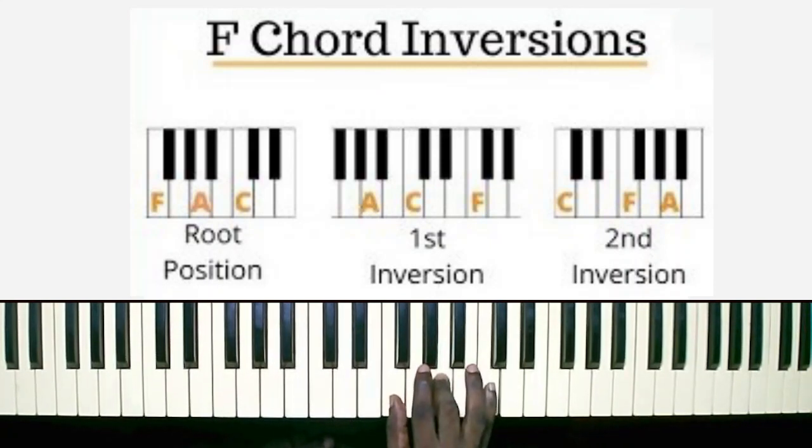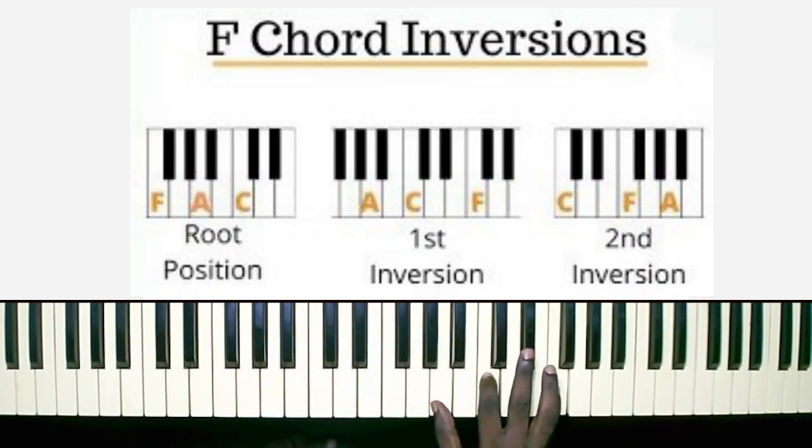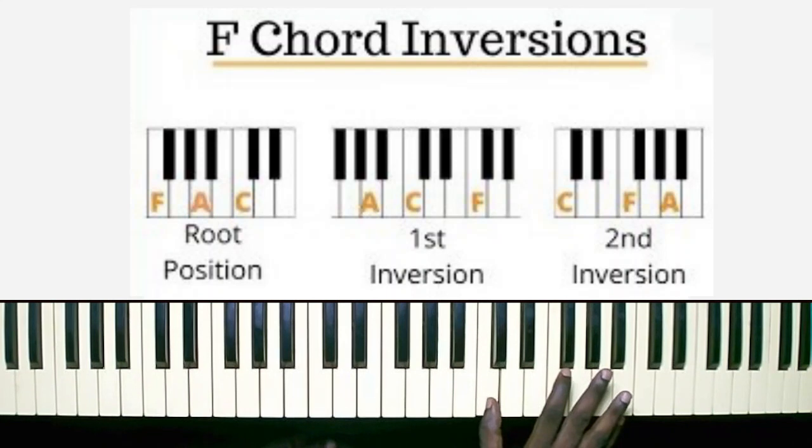So this F major in the root form, we have our F as the root, A and C. First inversion will be A, C, and then F. Okay. Then our third inversion, we have C, then F, then A. Okay.